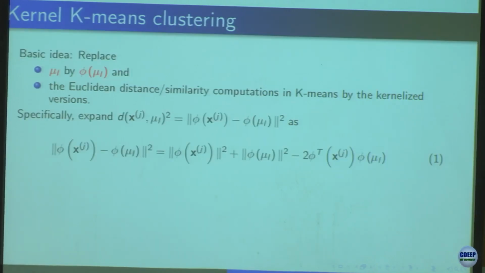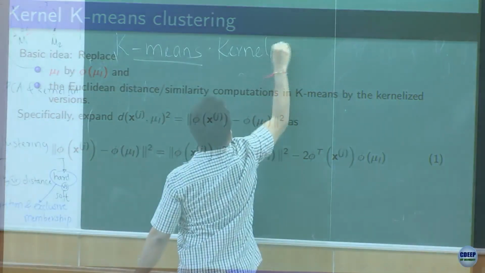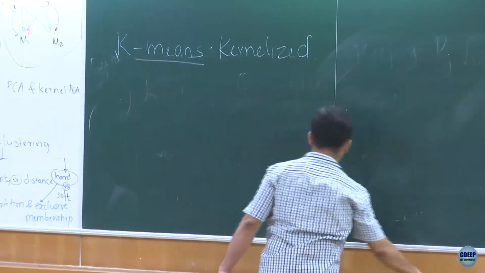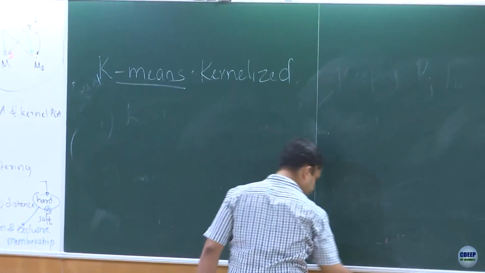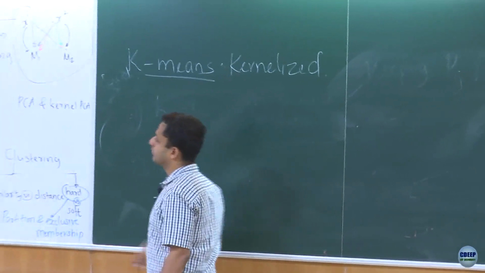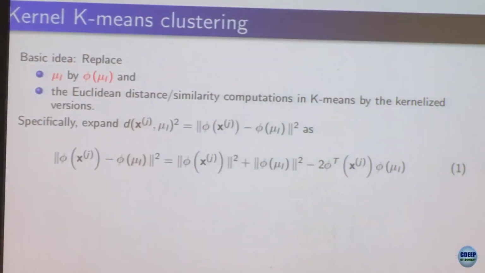Now we will try and kernelize k-means. So, k-means kernelized. What we will do in kernelizing k-means is we will replace mu l with phi of mu l. We will assume that mu l is a point and phi is its feature representation, just so that we can talk about dot products.